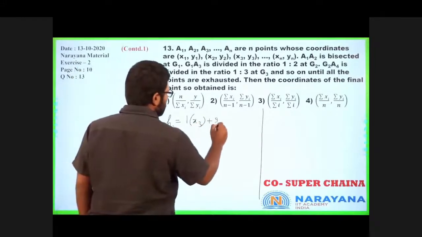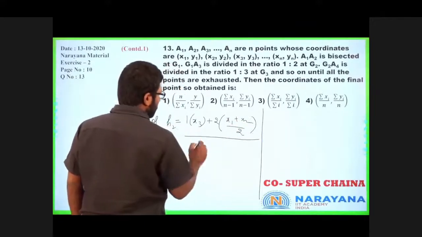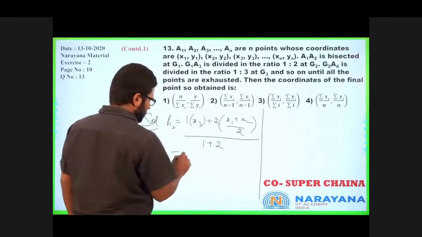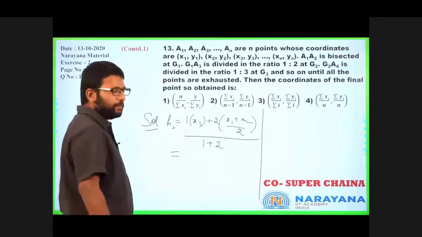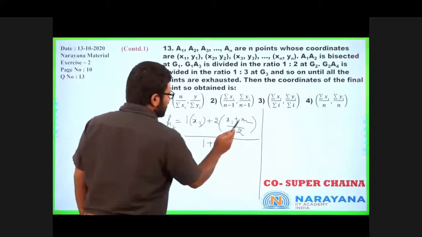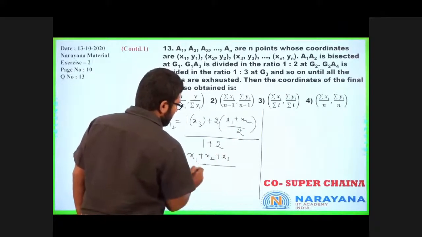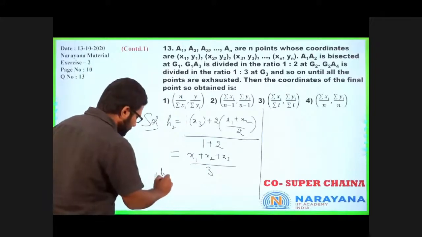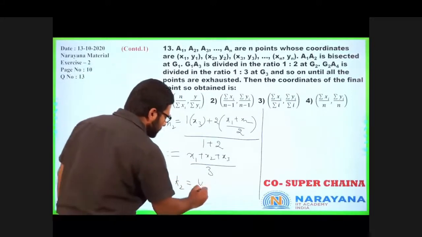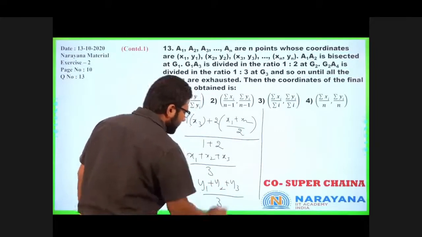So plus 2 into (x1 plus x2 upon 2), the whole divided by 1 plus 2. Something interesting happens now. This 2 will get cancelled. What is left is x3 plus x1 plus x2, which is x1 plus x2 plus x3 by 3, right? Similarly, if you check, K2 will also turn out to be y1 plus y2 plus y3 by 3.